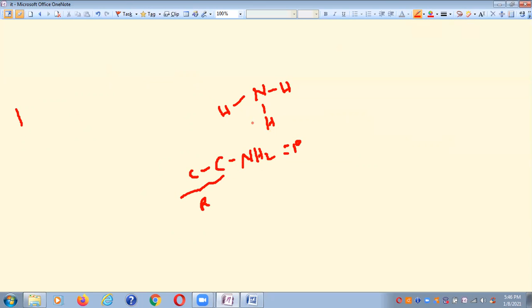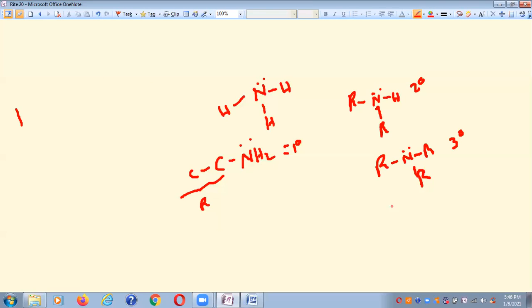Suppose two hydrogens of ammonia are replaced with two alkyl parts, then that is a secondary amine. If three hydrogens of ammonia are replaced with three alkyl parts, that is known as tertiary. So this is primary, this is secondary, this is tertiary. At the same time, on the nitrogen atom we have one lone pair of electrons.